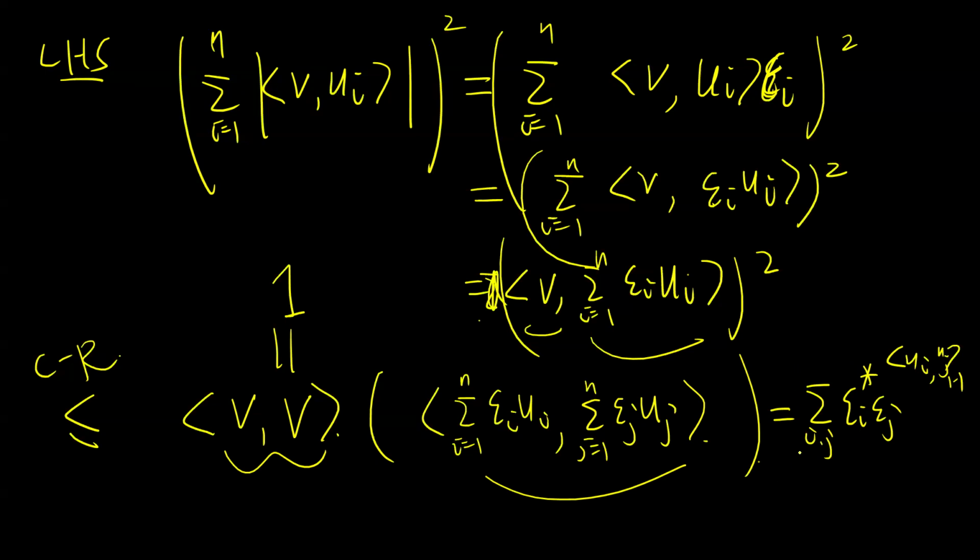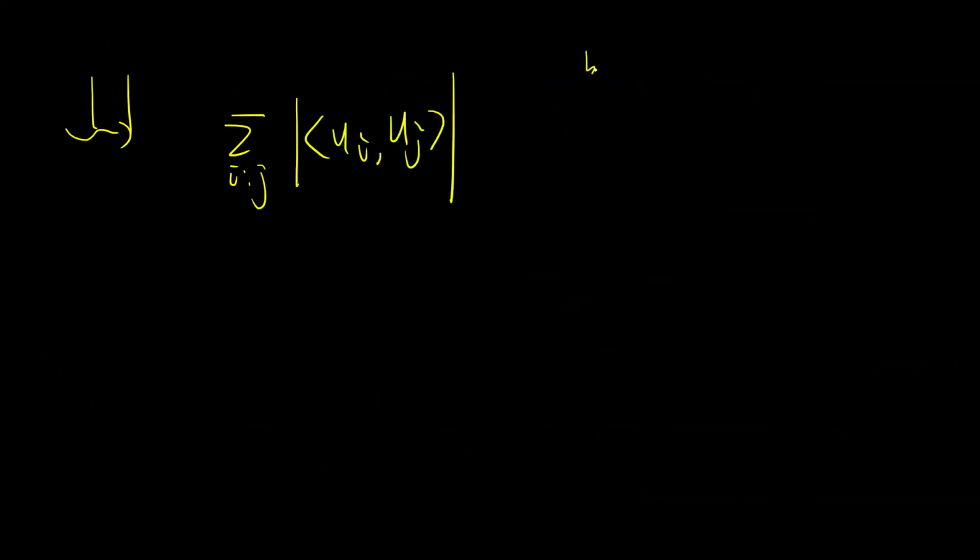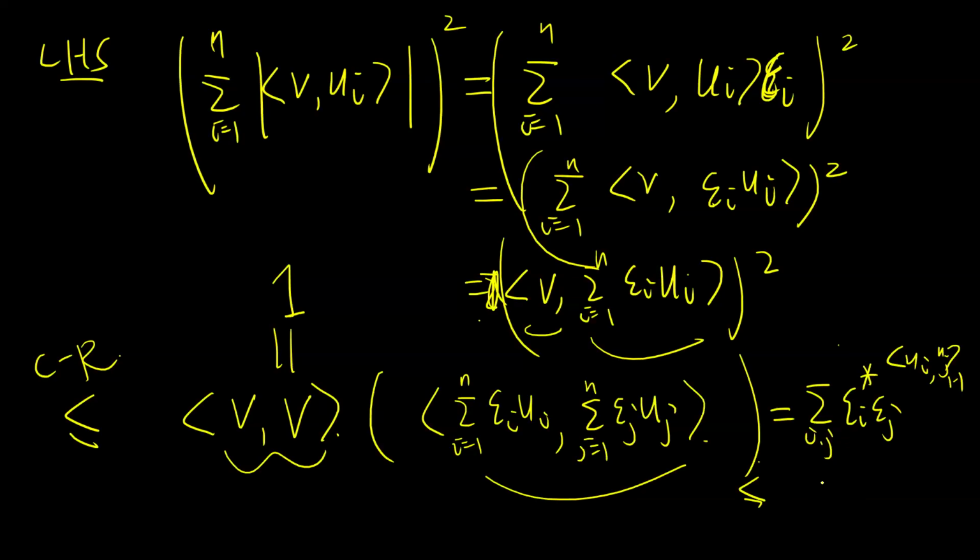Whatever it is, I can use the triangle inequality and take the absolute value. Because these epsilons are unimodular, their absolute value is just 1. So this is the sum over i, j of the absolute value of the inner product of Ui and Uj. This is the proof.